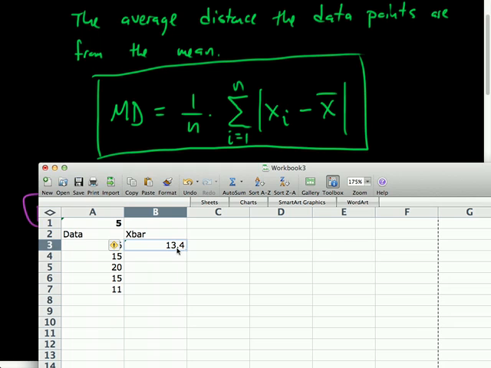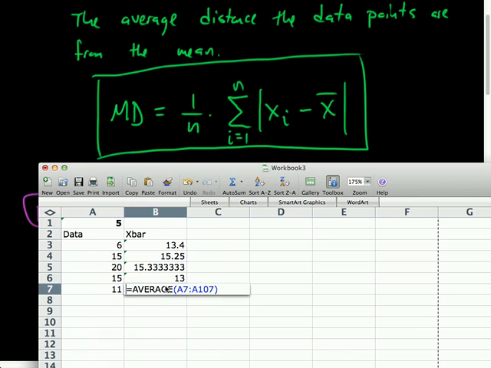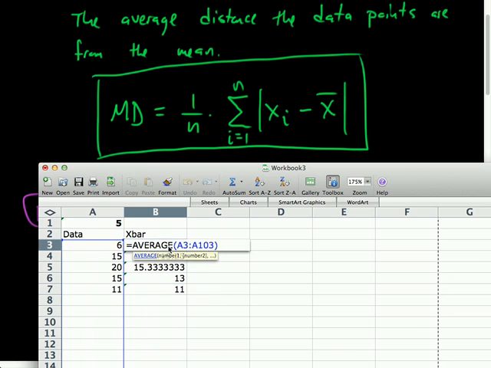Mean measures the middleness of my list. Mean deviation is going to talk about, on average, how far out my data is spread from that middle number. Now watch this. I'm intentionally going to make a mistake with Excel. Why is my x bar all different? Look at this. This one's finding the average of just those 4, this one's finding a different average.